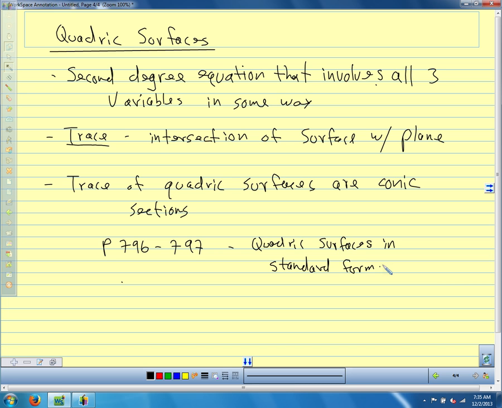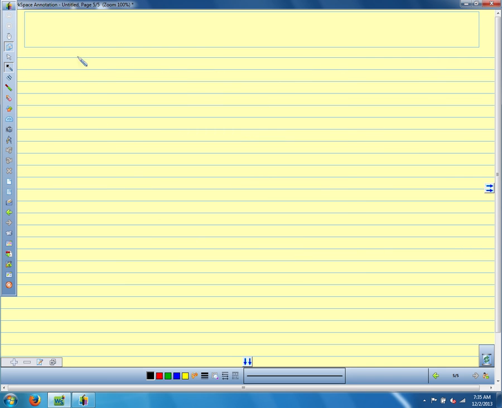So I want to look at just one example of a quadric surface, and then kind of turn you guys loose on some of these, practicing with some of these. So we want to sketch and classify x minus y squared plus 4z squared equals 0.